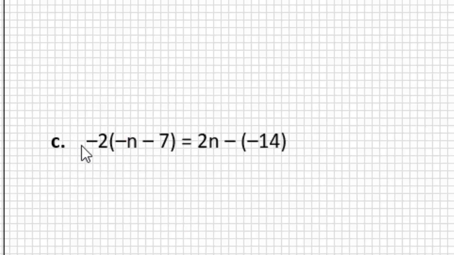Let's see how you did. So when I multiplied negative 2 times negative 1n, remember that is our negative 1 hiding there, a negative times a negative equals a positive, so I got positive 2n. And then I kept the subtraction sign, and I multiplied negative 2 times a positive 7.